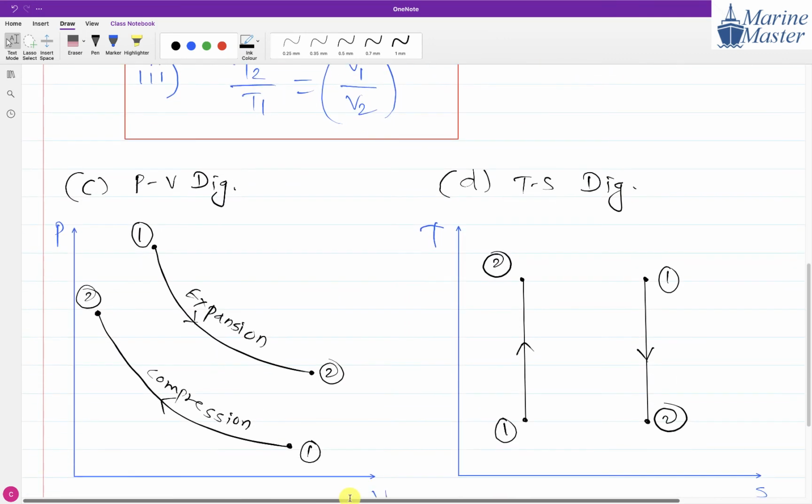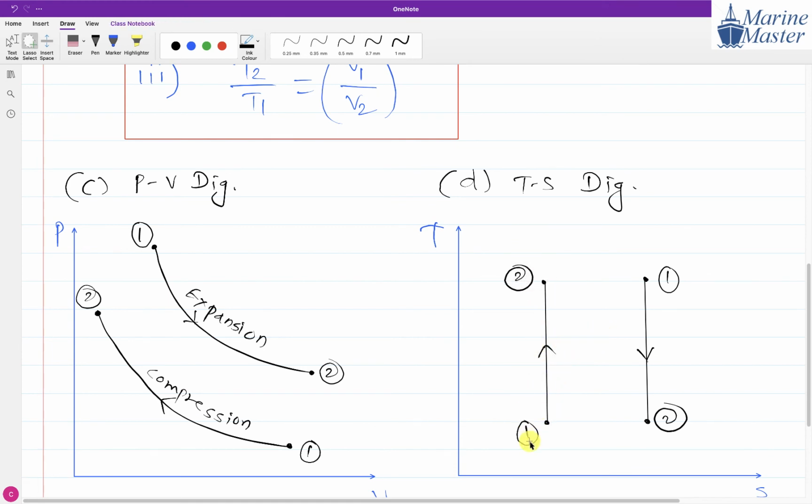So remember, that's why entropy is remaining constant. No heat addition, no heat rejection. Now tell me, this first scenario, which I have currently highlighted: heat addition or heat rejection?